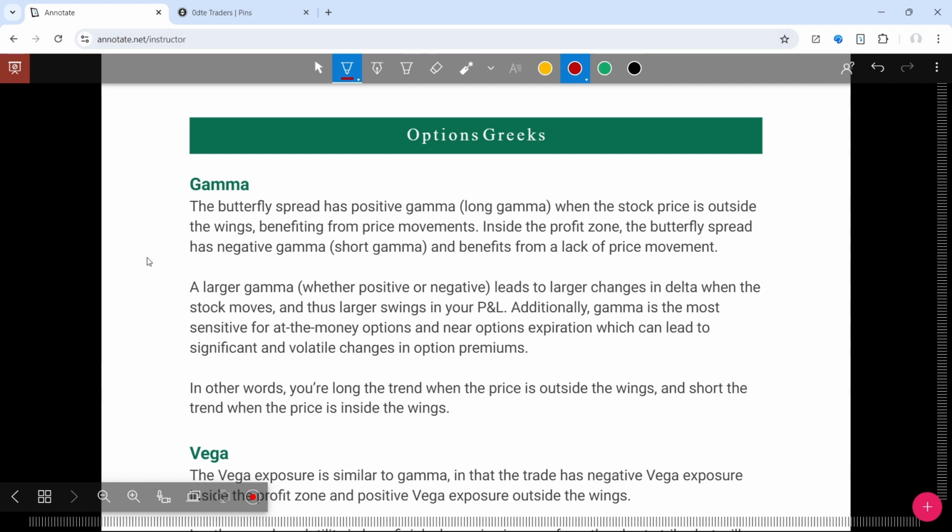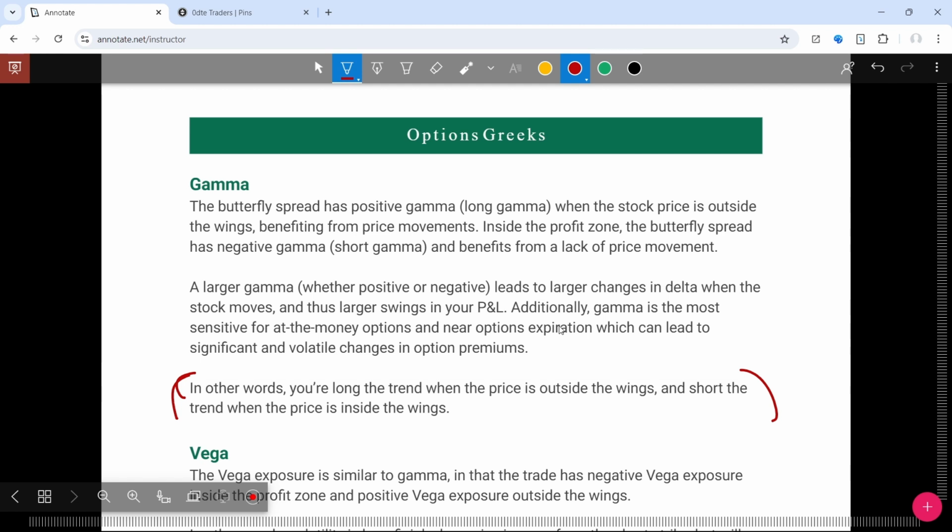Okay? Now, the thing about gamma, and for anyone who's traded butterflies, particularly end of day, is that premium can be extremely volatile because gamma is the highest for at-the-money options and near option expiration. So this can lead to significant changes in both directions, right?